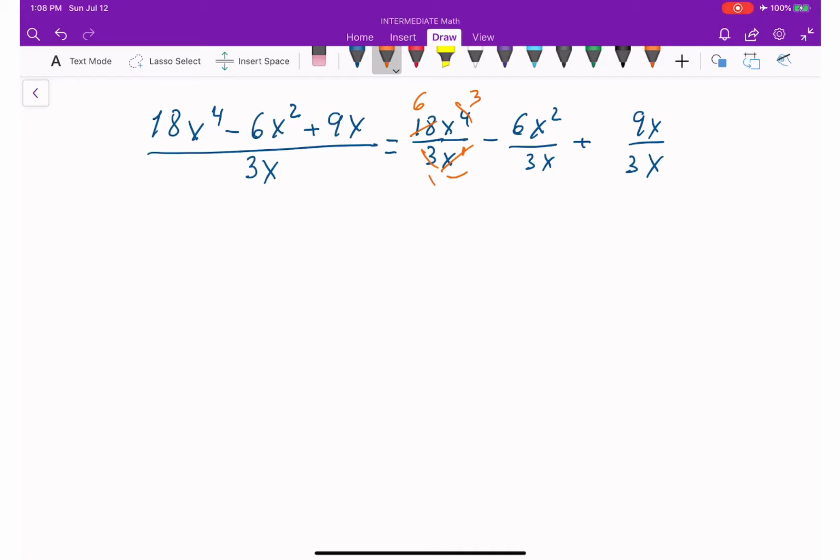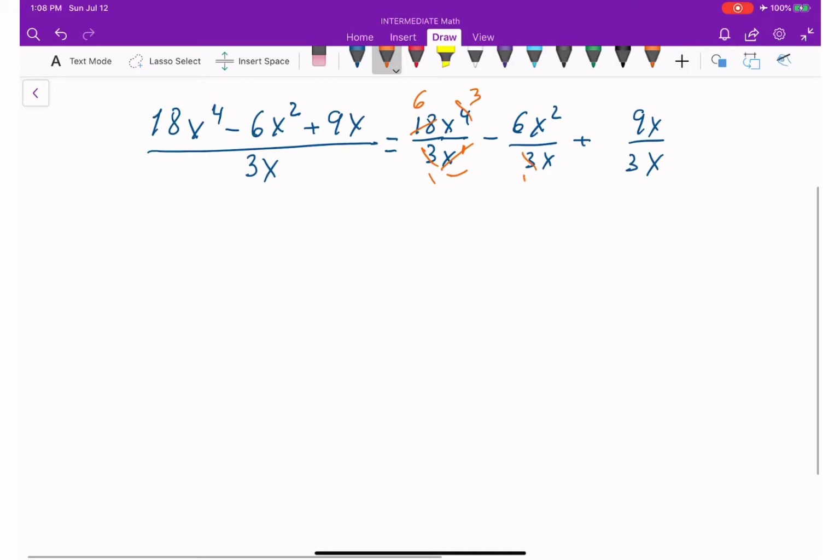Moving to second fraction, 6x squared divided by 3x. 6 and 3, this is 1, 6 will be 2. And x squared divided by x, this x is completely gone. And here the degree is gone because x survived. And 9x over 3x, x and x is gone. 9 divided by 3 is 3.